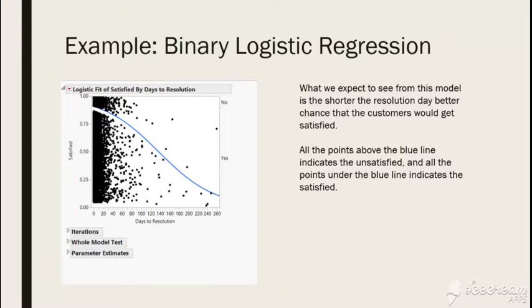As I mentioned, what we are expecting to see from this model is whether the days to resolution really affect the customer satisfaction. All the points above the blue line indicate that the customers are not satisfied with their service, and all the points below the blue line indicate that the customers are satisfied with the service.